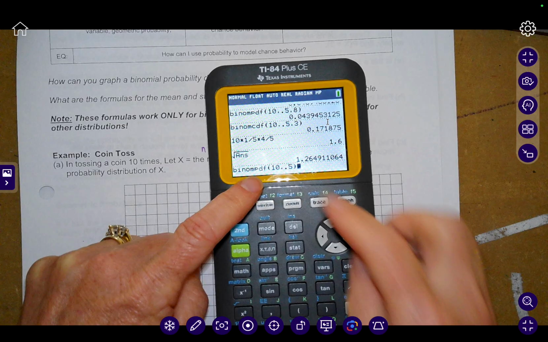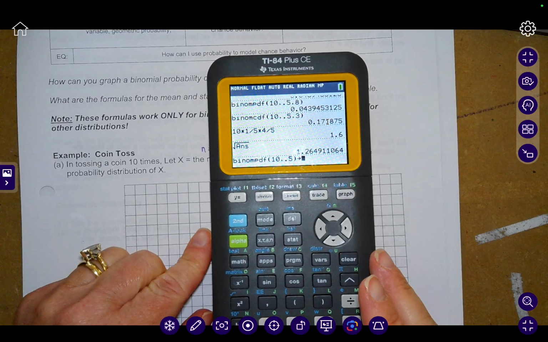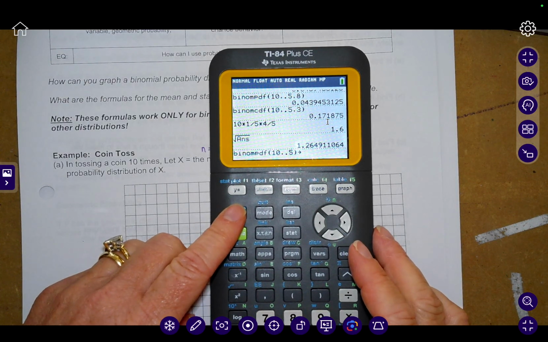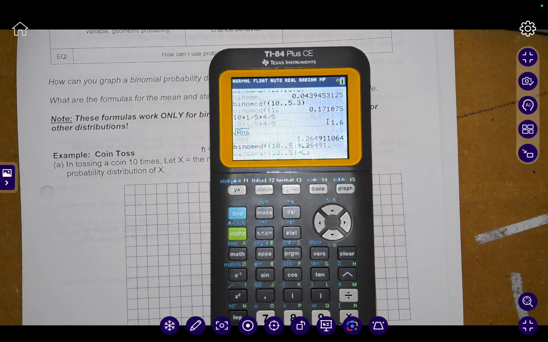If you notice, it doesn't have an x value there, and I'm going to say store, and I'm going to store this in L2, so second number 2. And sorry, I was looking at something, press enter there.